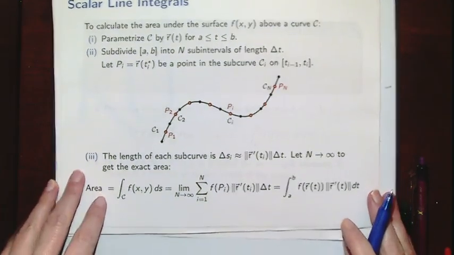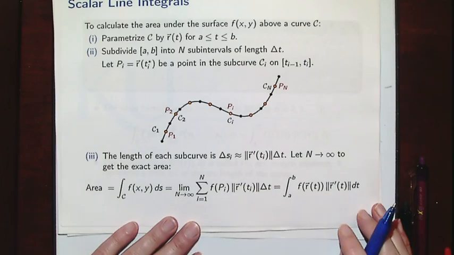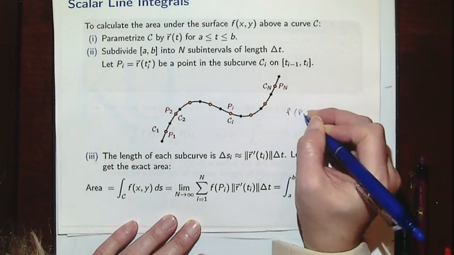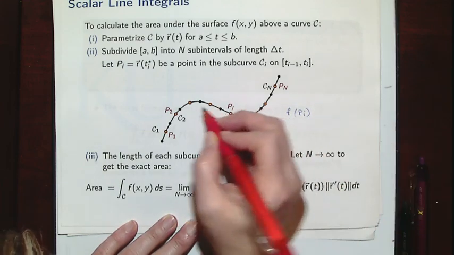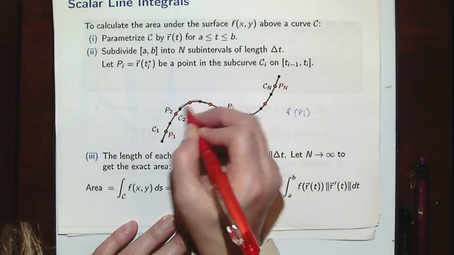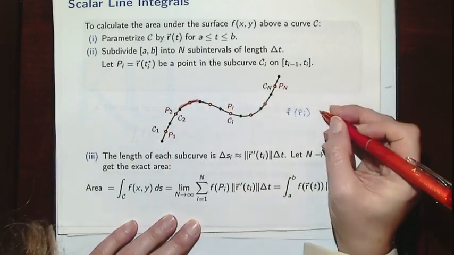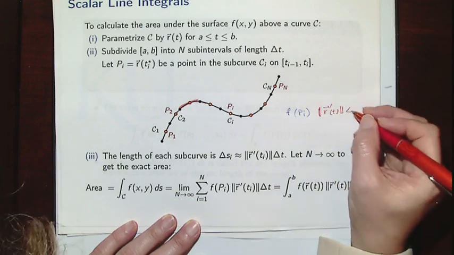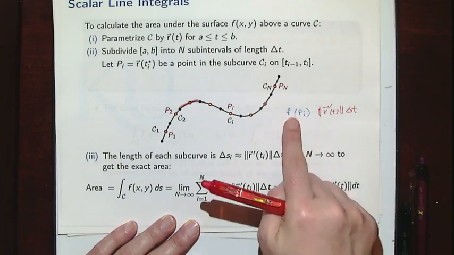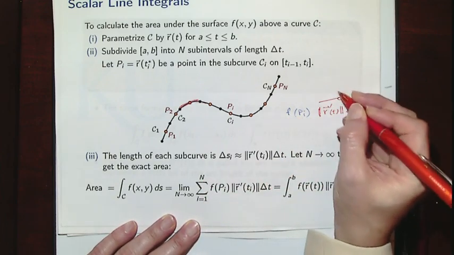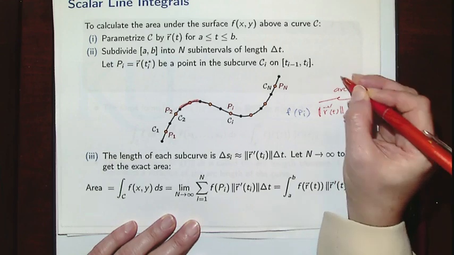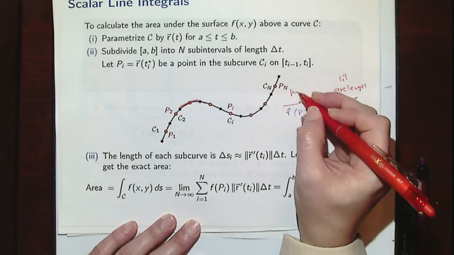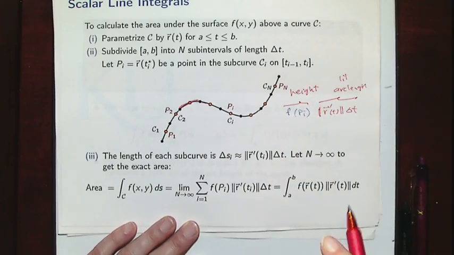So what you get is this: f of P_i, multiplied by the arc length right there. What was the arc length? The arc length was the magnitude of r prime of t, times delta t. So the height times the little arc length, with the sample point.